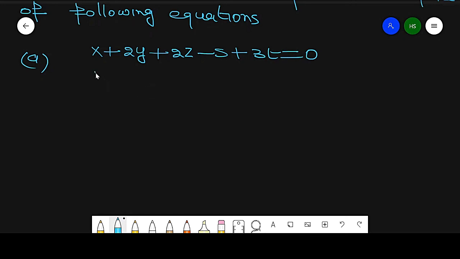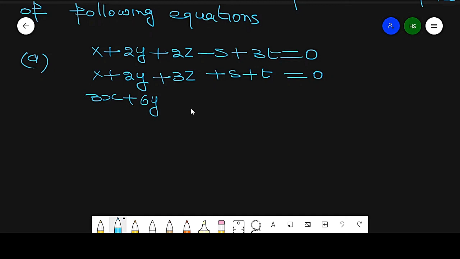Second is x plus 2y plus 3z plus s plus t equal to 0. Third is 3x plus 6y plus 8z plus s plus 5t equal to 0.